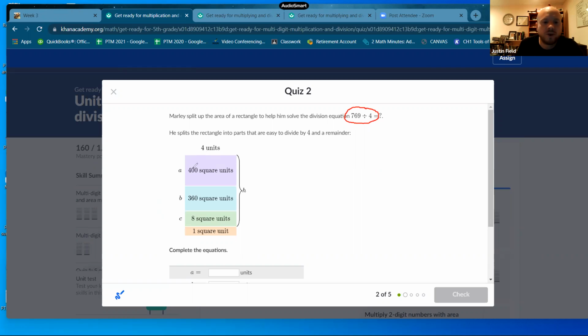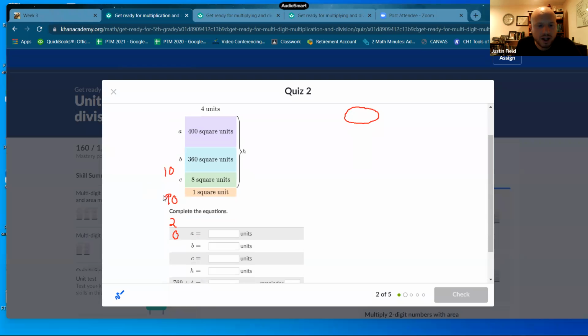Okay, so 4 goes into 400 10 times. 4 goes into 360, that'd be 90. 4 goes into 8, that would be 2. 4 goes into 1, 0 times. So does that mean the remainder is 1? So then we add those together, 10 plus 90.